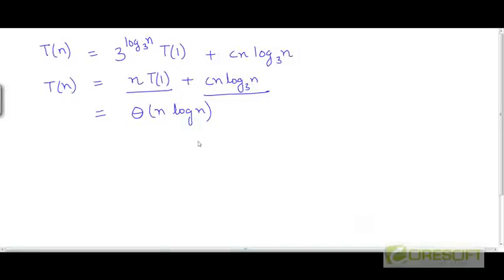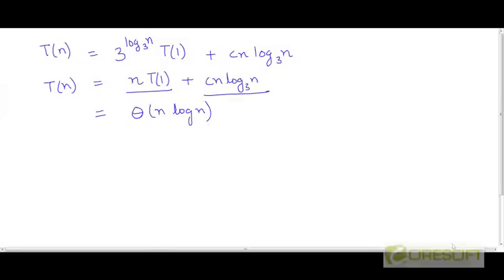The asymptotic complexity has not changed. It's still theta of n log n, which is what it was when we had 2 subproblems, each of size n by 2. So we haven't improved the asymptotic complexity by dividing the problem into 3 subproblems instead of 2 subproblems.